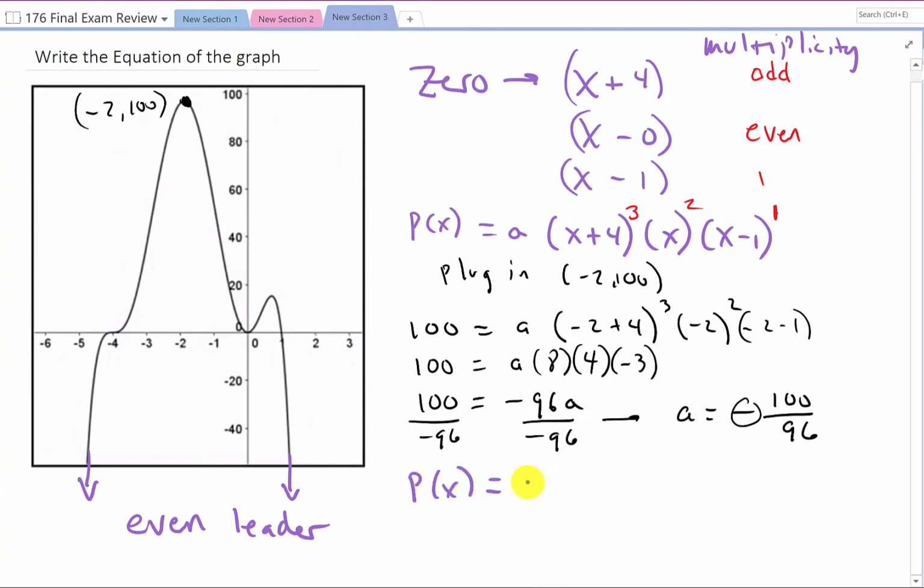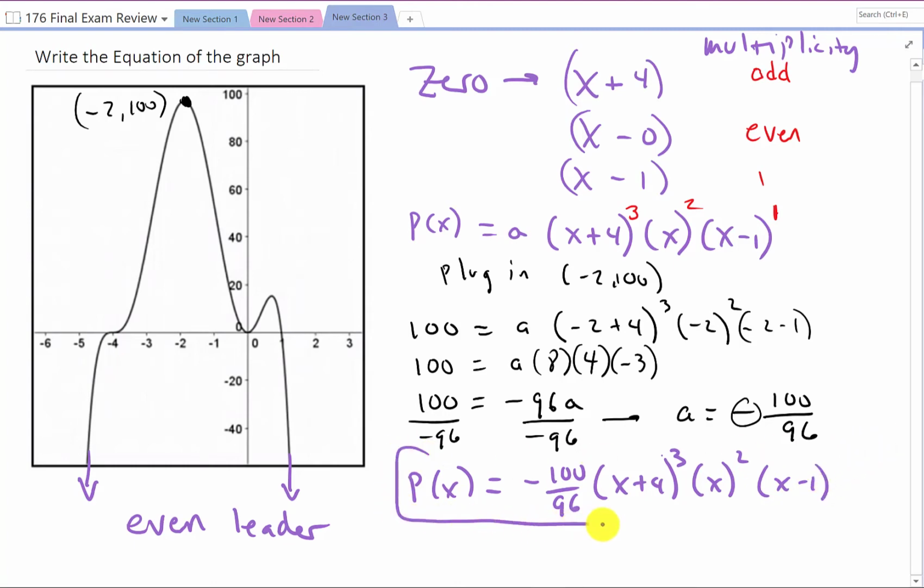P of x equals -100 over 96 times x plus 4 cubed times x squared times x minus 1. That is the polynomial that makes the graph that we were looking at.